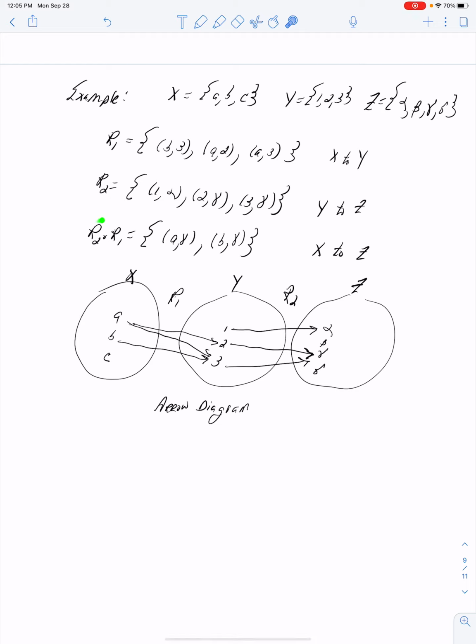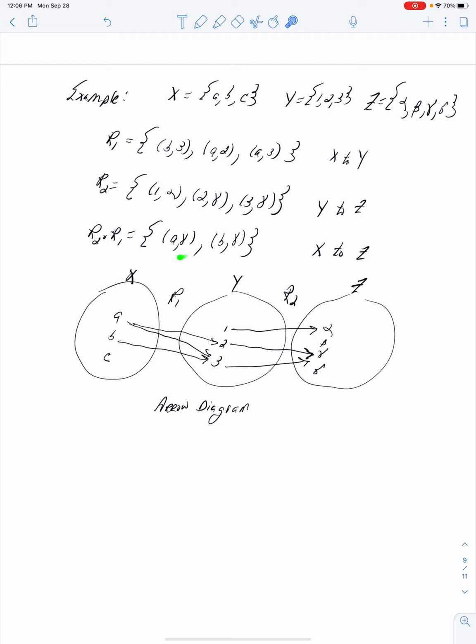So what is the composition R2 composed with R1? Well, anytime I can start over here and get all the way over here, I put that ordered pair in my composition. So see, A goes to 2, which then goes to gamma. That says I have the ordered pair (A, gamma). A also goes to 3, but that goes back to gamma.